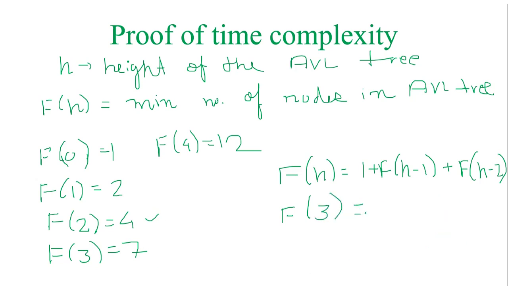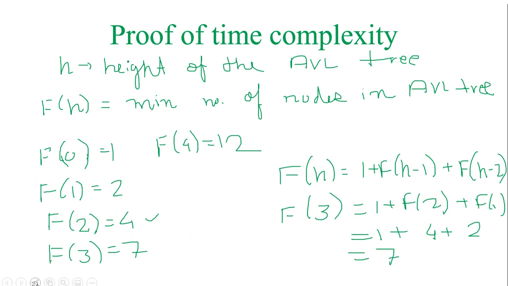Let's see if it follows for f of 3. It will be 1 plus f of 2 plus f of 1, so it will be 1 plus 4 plus 2. So it turns out to be 7. So it holds for f of 3, and if you check again, it will hold for f of 4 as well. So I can say that this formula gives the lower bound of the number of nodes in the AVL tree.